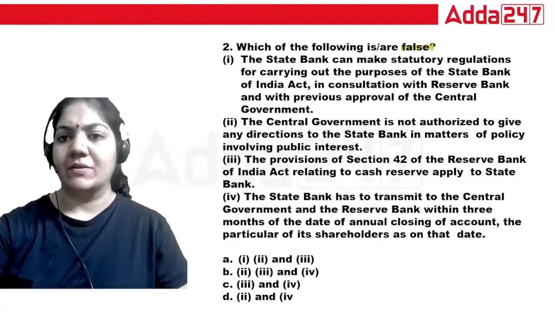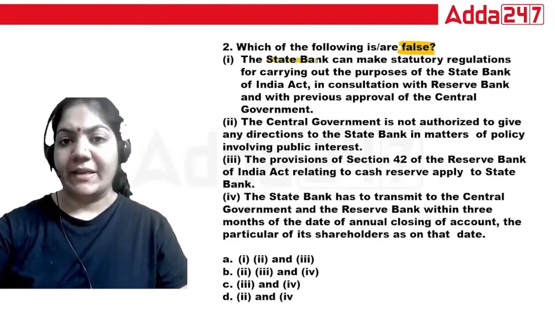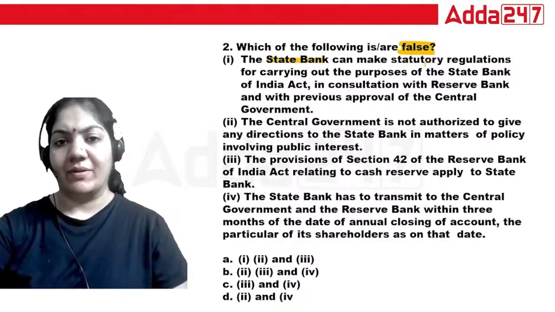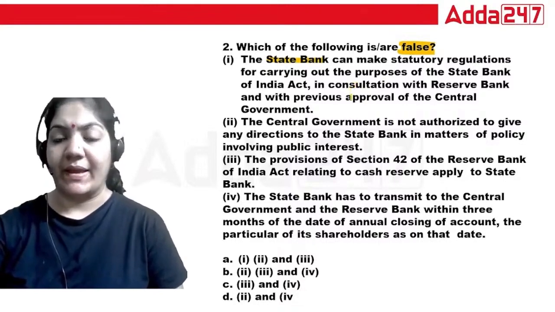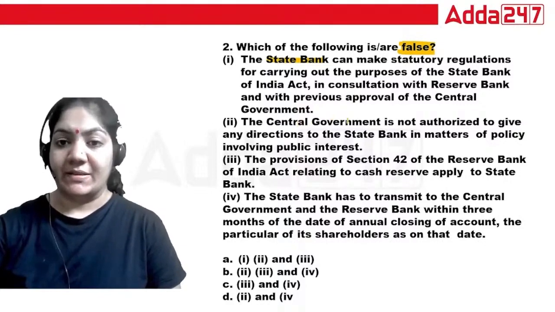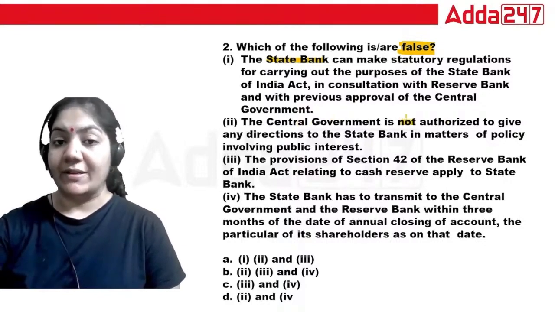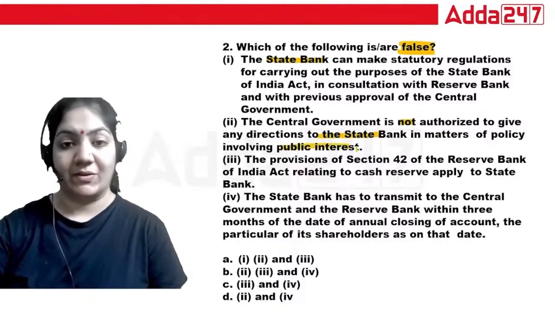Which of the following is false? First, the State Bank can make statutory regulations for carrying out the purpose of the State Bank of India in consultation with the Reserve Bank and with the previous approval of the central government. Second, the central government is not authorized to give any direction to the State Bank in the matter of policy involving public interest.